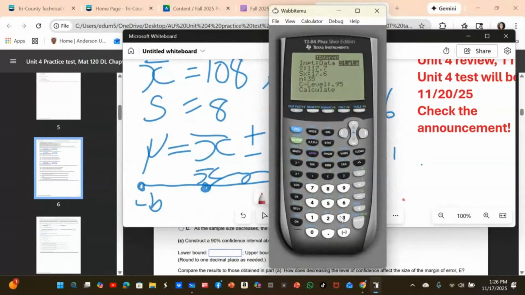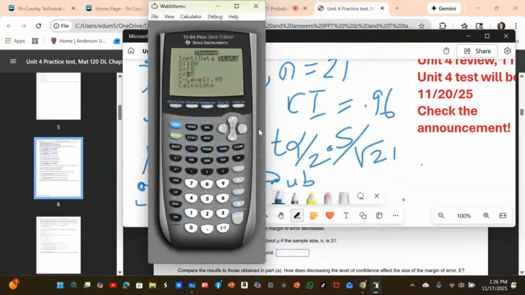The sample mean, or point estimate, is 108. The sample standard deviation is 8. The sample size is 21.